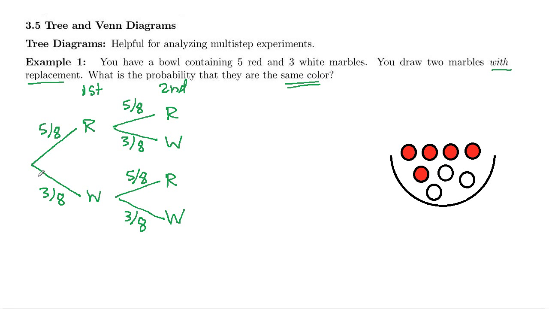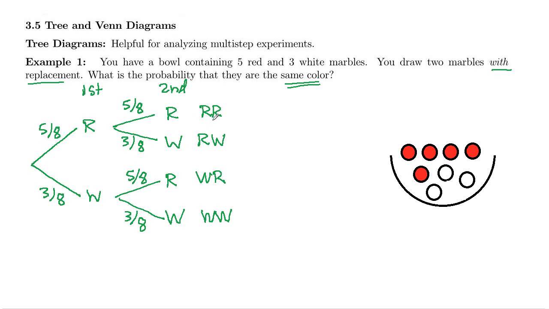So my outcomes are red first, red second, that's red, red, followed by red, white, white, red, or 2 white marbles. Now this is an AND probability. This is red on the first and red on the second.